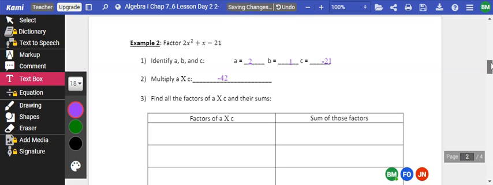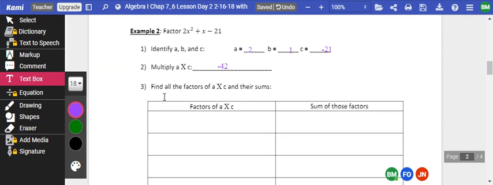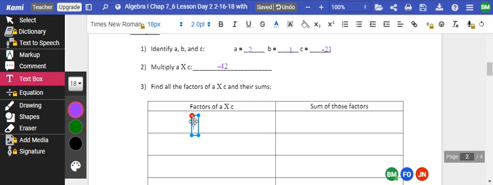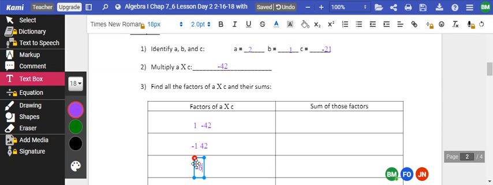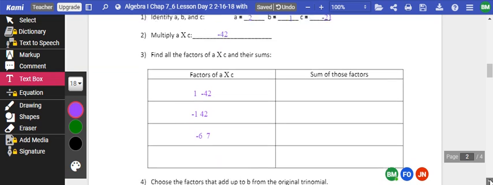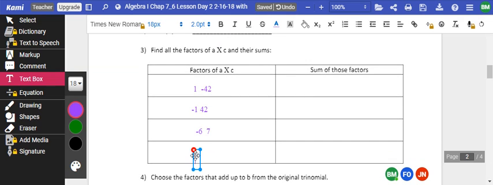Okay, so what things can we multiply together and get their sum? We've got 1 and negative 42. We've got negative 1 and positive 42. We've got negative 6 times 7, and we've got negative 7 times 6.